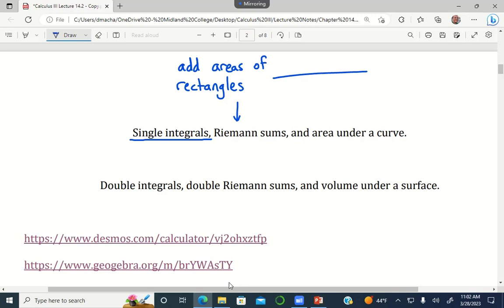And so if we took the limit as the number of rectangles increased to infinity in the Riemann sum, and the width of the base of the rectangle approached 0, then in this limit, adding up the areas of the rectangles gave you the area under a curve.